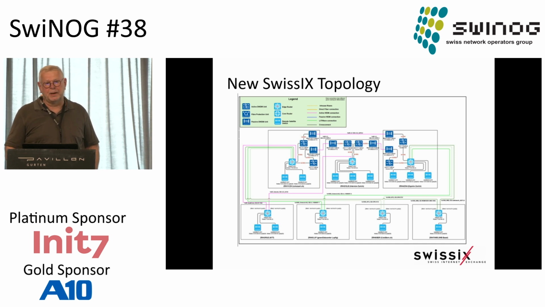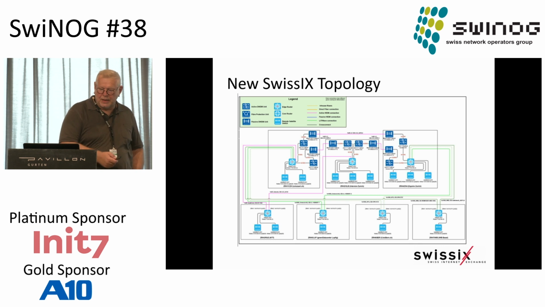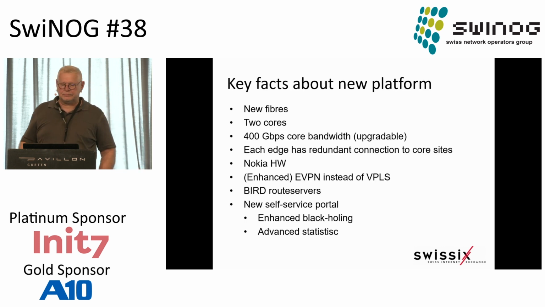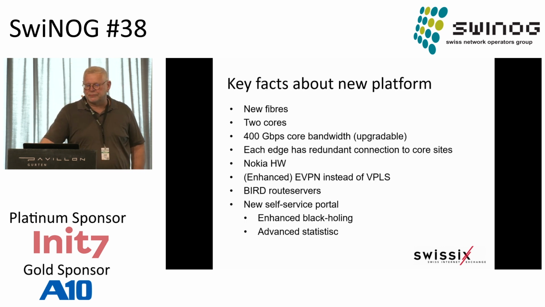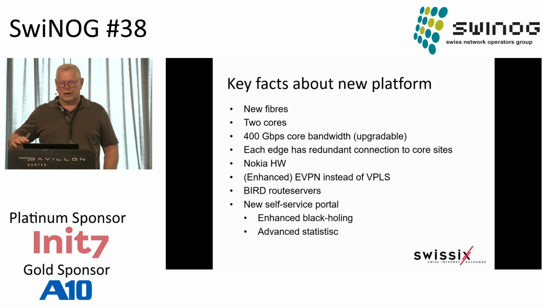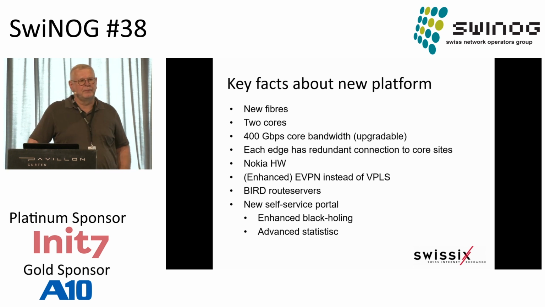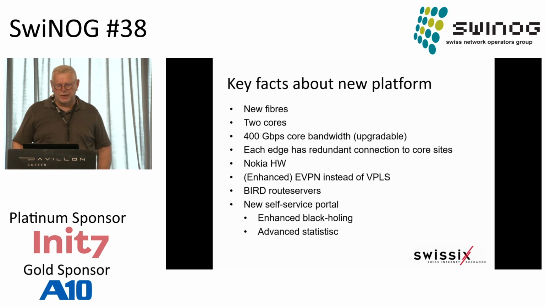Basically, what has been done is completely new fibers for the platform. There are 2 cores with 400 gigabit core bandwidth, easily upgradable, and each of the edge switches, edge routers, has a fully redundant connection to both core sites.